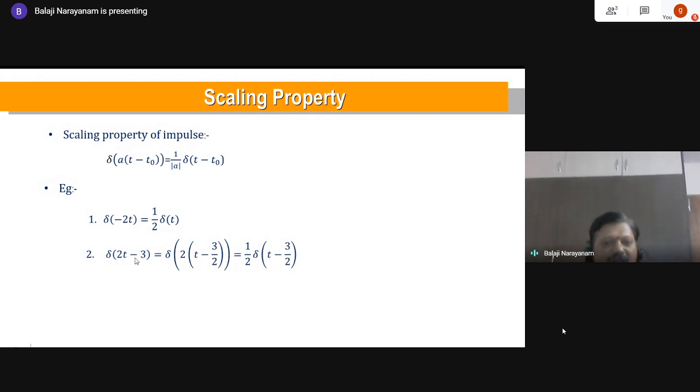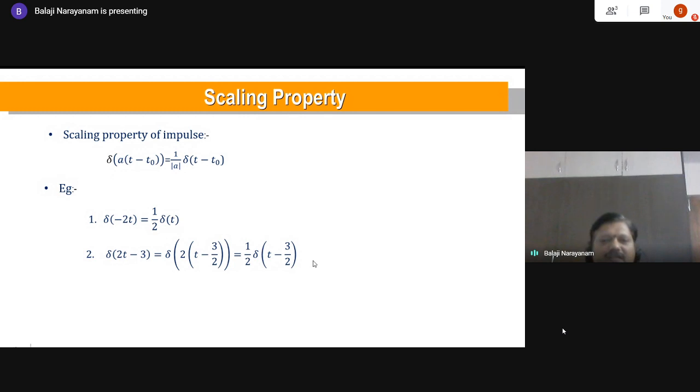So first, convert it into the standard form a into t minus t naught by taking 2 as a common factor. Then we get 2 multiplied with t minus 3 by 2. Now you can straight away apply the property 1 by mod a, with a equal to 2. Hence we get 1 by 2 delta of t minus 3 by 2.